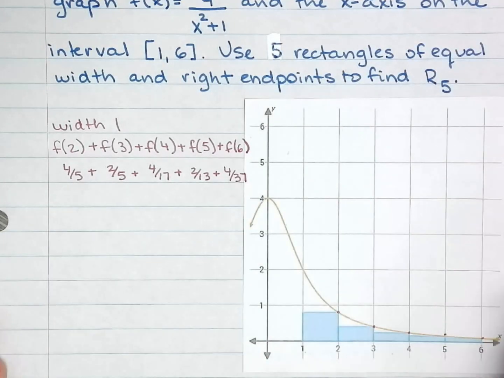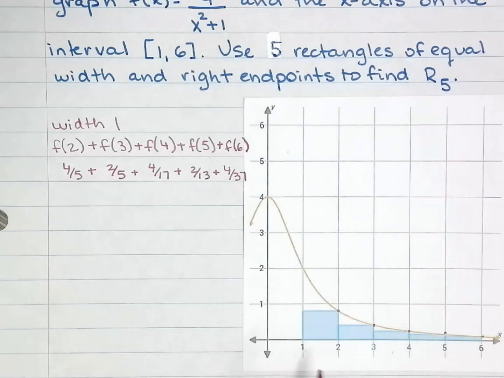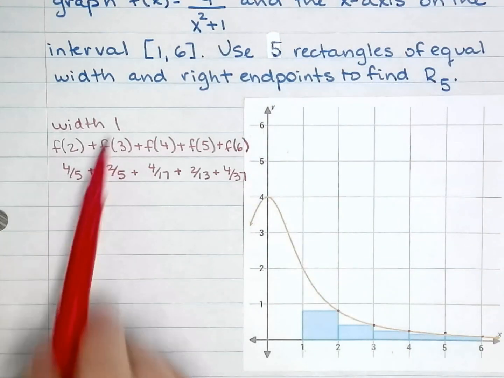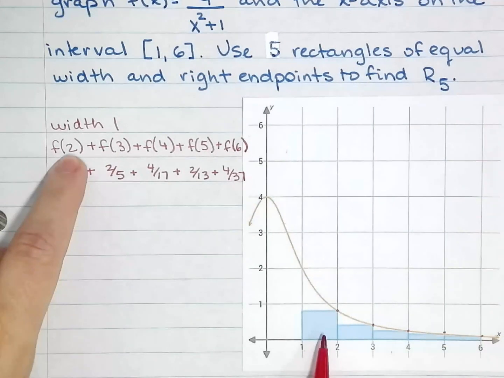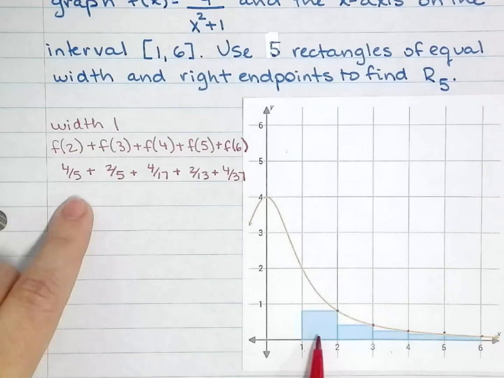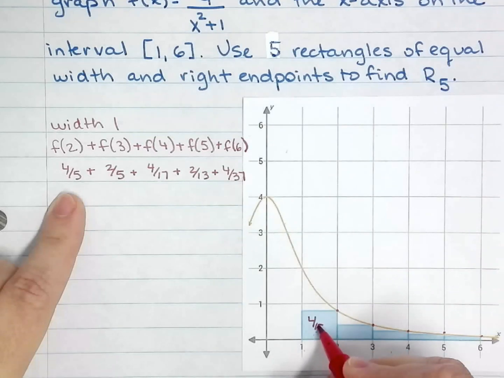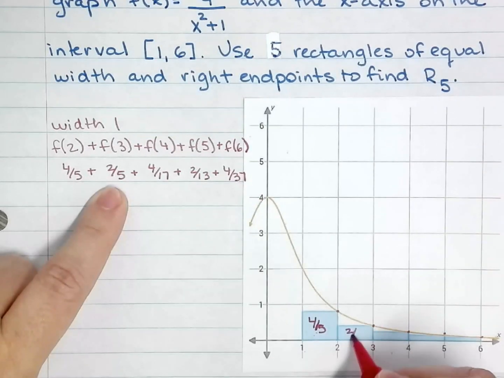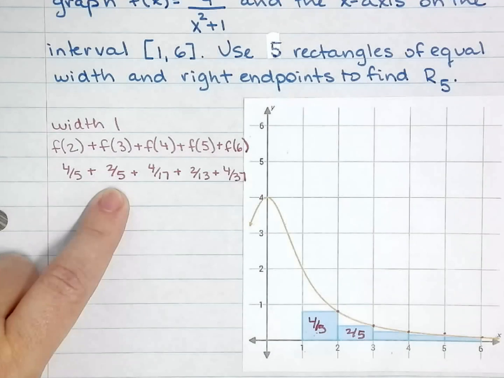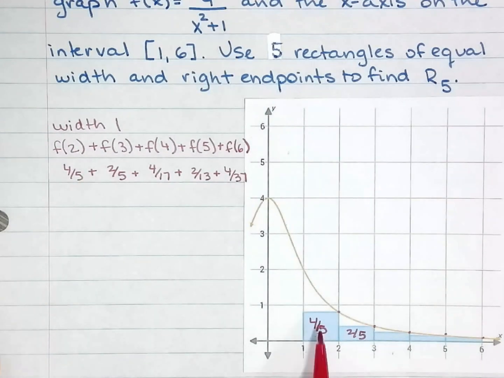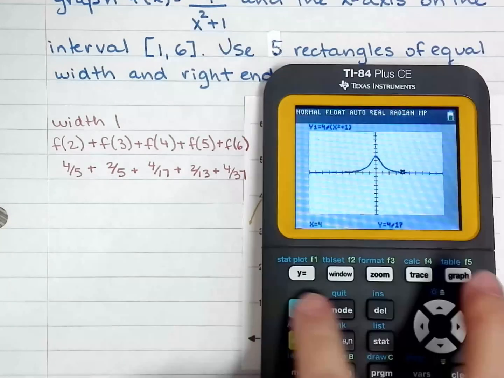Okay, now I know, because think about this. The width is 1. So whatever number I have here times 1, that's going to be the area of that rectangle. So for this first rectangle, the area is 4/5. The second one is 2/5. And so on. You get it. Now, for me to find the area of all of them added together. So off we go.